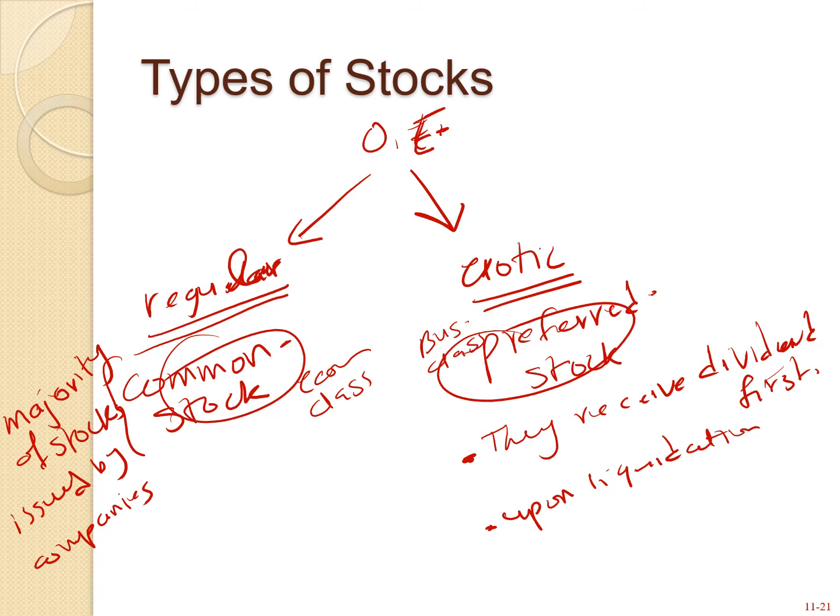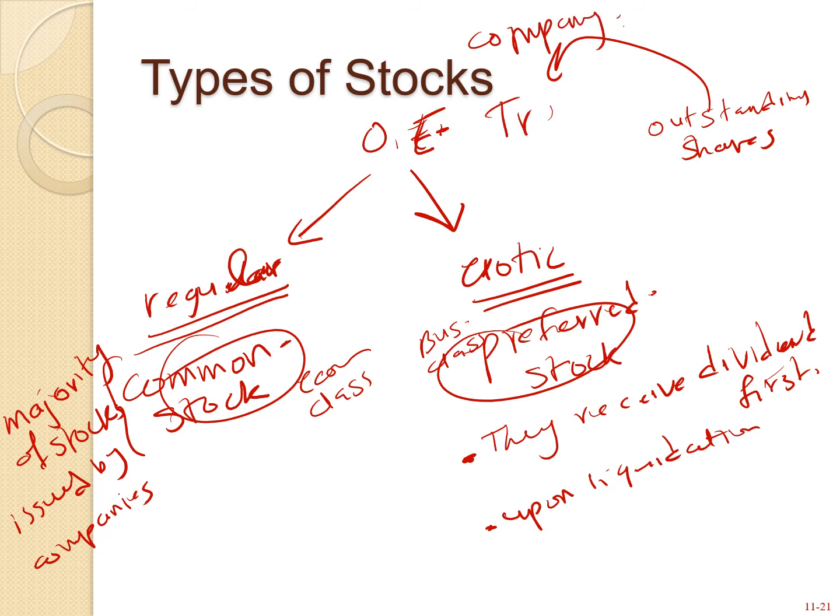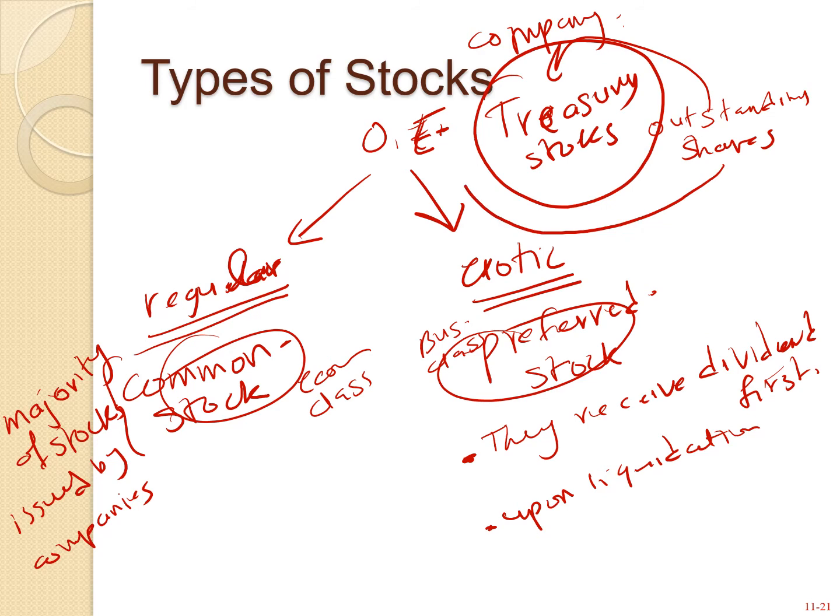So those outstanding shares, when they are repurchased back to the company, are called treasury stocks. All you need to know now is that treasury stocks are outstanding shares that have been repurchased and sent back to the company.